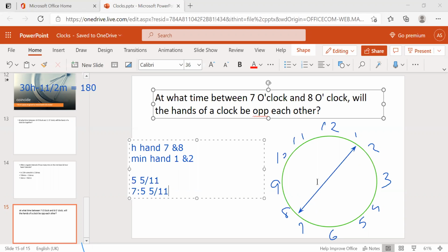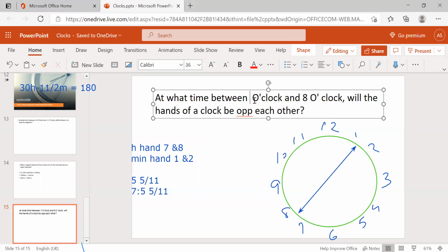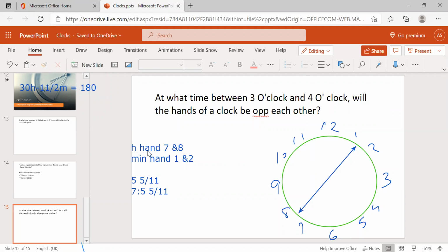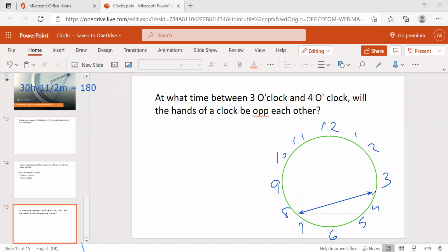Then we just find out the time between 3 and 4. What's the time between 3 and 4? Then same. Where will it be at 3 and 4? Our hour hand will be here and the minute hand will be here, right?